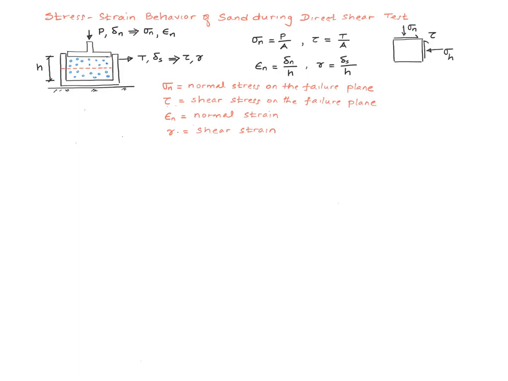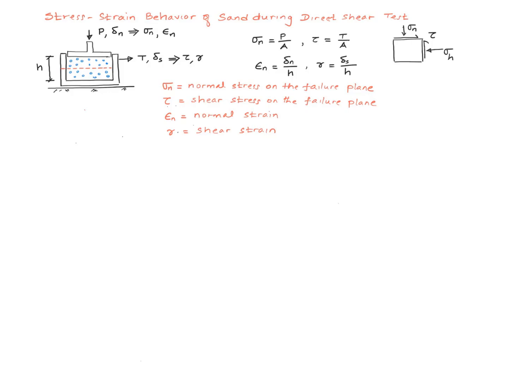So it's performed in a box called direct shear box, and the box has two halves, the bottom half and the top half. You fill the box with sand and pull the top half horizontally with respect to the bottom half until failure. So you are basically forcing failure to take place on this horizontal plane.